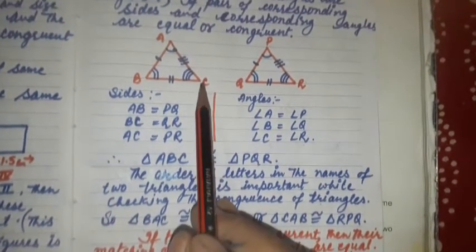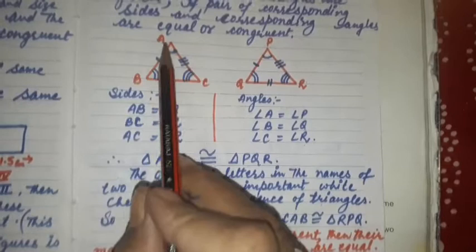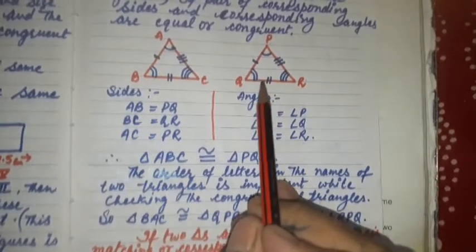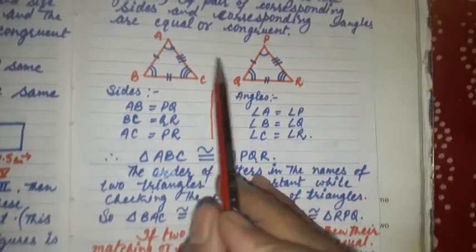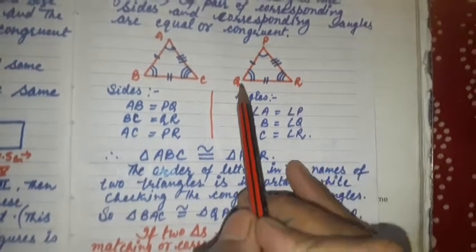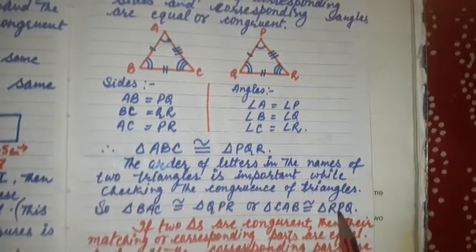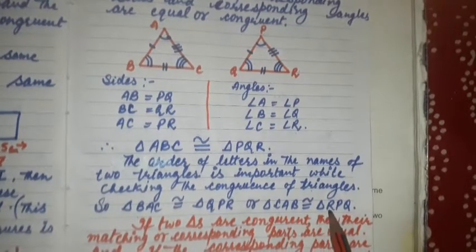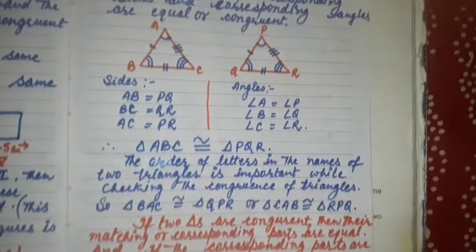If I read this triangle name as CAB, then I have to read the second triangle which is congruent to this triangle as RPQ. CAB is congruent to triangle RPQ.